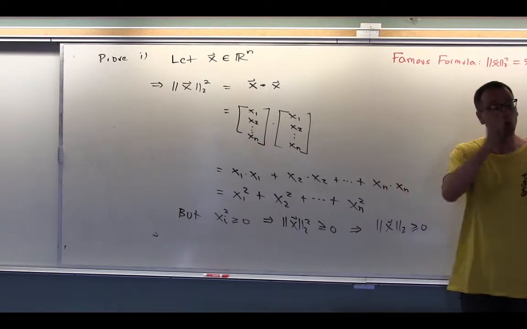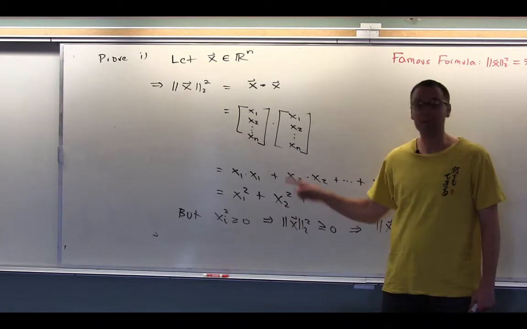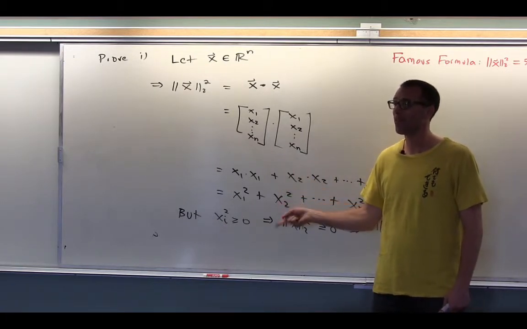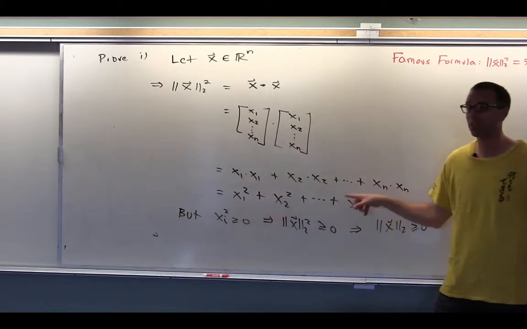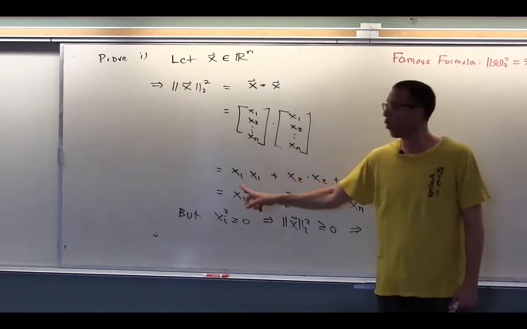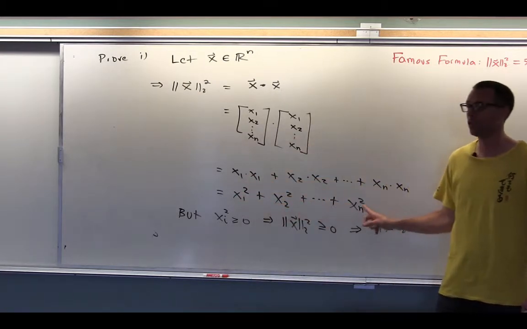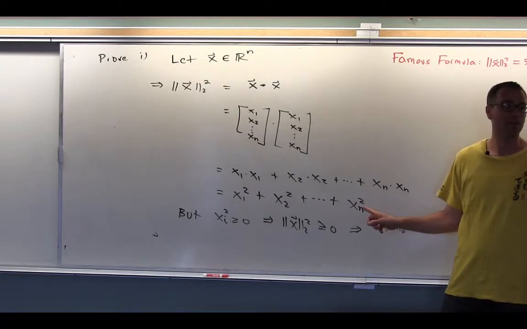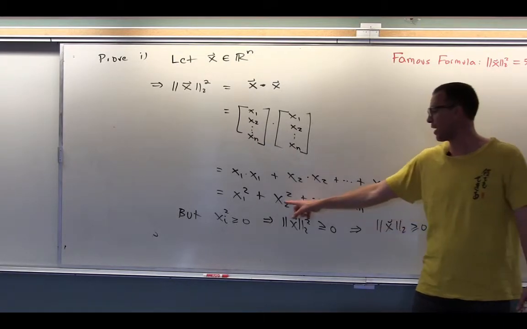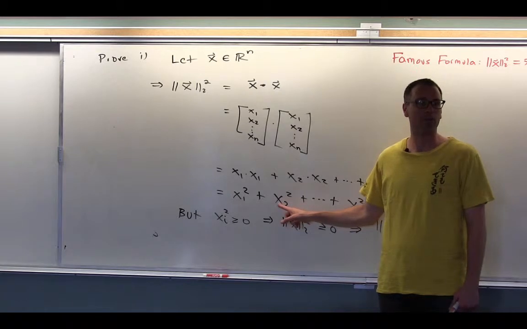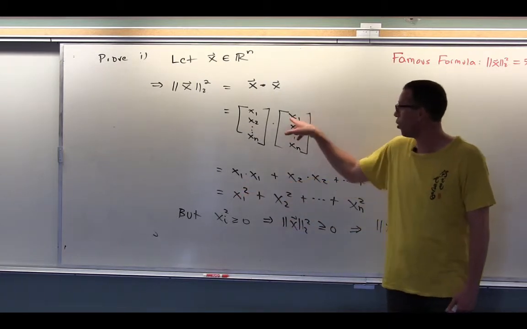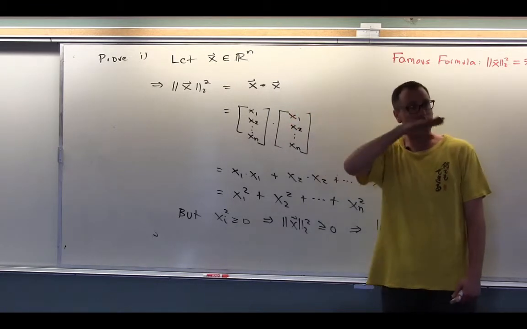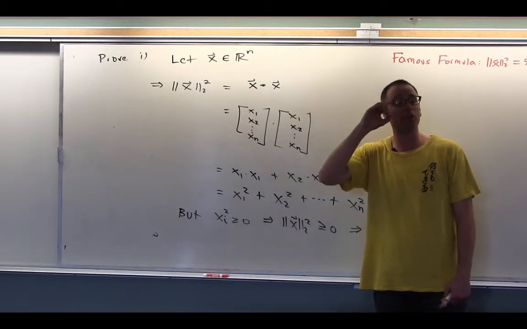Which means that if you put that into the sum, the sum must be positive. In other words, if I sum a bunch of squares and I get 0, what must be true about the individual summands? They all must be 0. What's the thing that you square to get 0? 0. Which means that if the sum of the squares is 0, the coefficients must themselves be 0. Done.